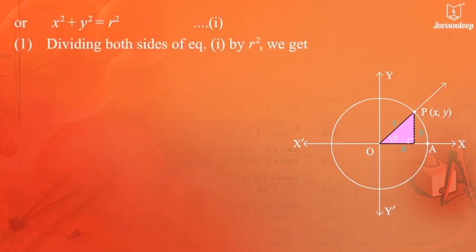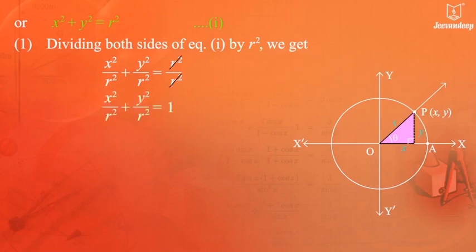Dividing both sides of equation 1 by r square, we get x square upon r square plus y square upon r square is equal to r square upon r square. x square upon r square plus y square upon r square equals 1, or (x upon r) whole square plus (y upon r) whole square equals 1.